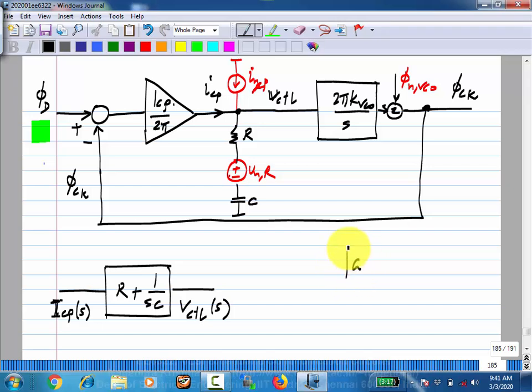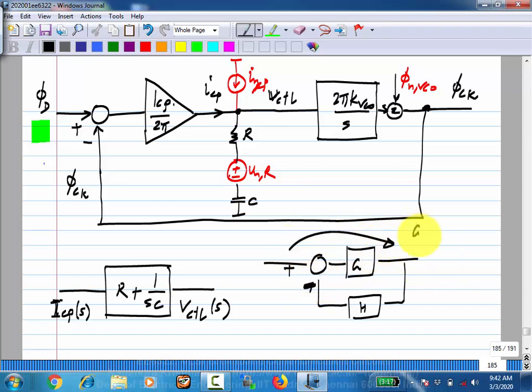If you have G as the forward path, H as the feedback path in a negative feedback setting, from here to there it is G by 1 plus GH, and from here to there it will be GH by 1 plus GH. And if you add something here, from there to there it will be 1 by 1 plus GH. So it's the forward path gain divided by 1 plus loop gain.